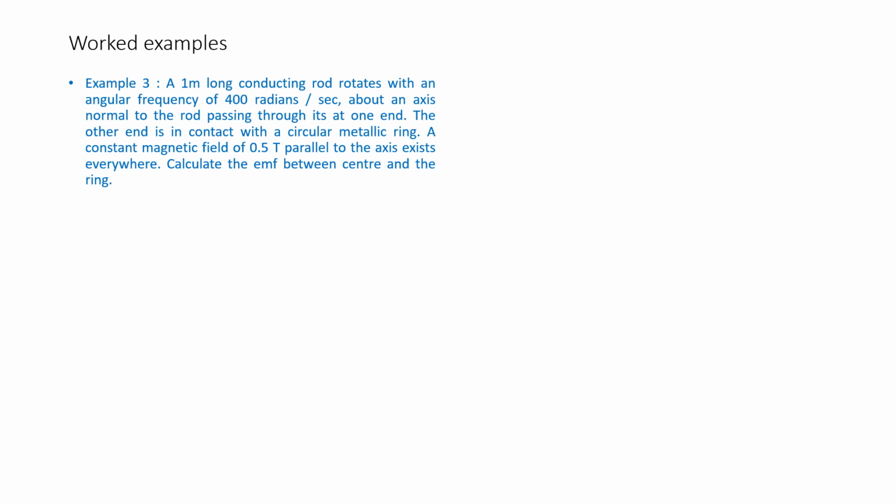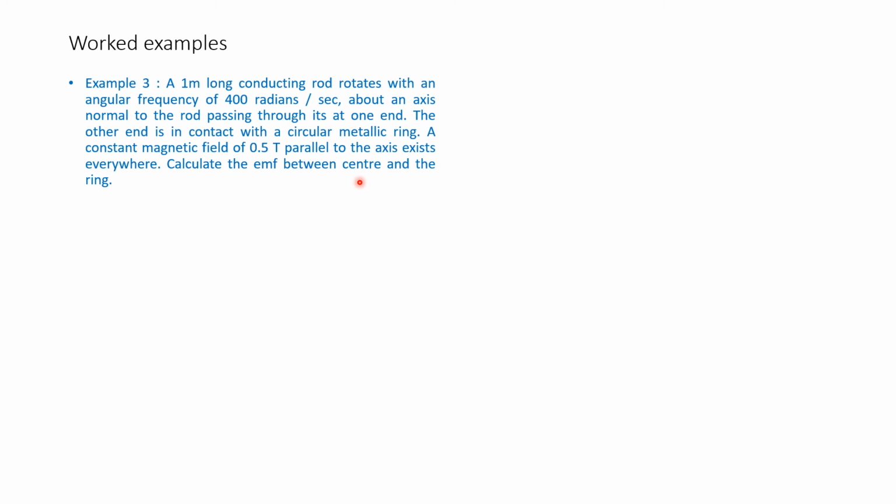Let us take up example number 3. A 1 meter long conducting rod rotates with an angular frequency of 400 radians per second, so omega is equal to 400 radians per second, about an axis normal to the rod passing through it at one end.